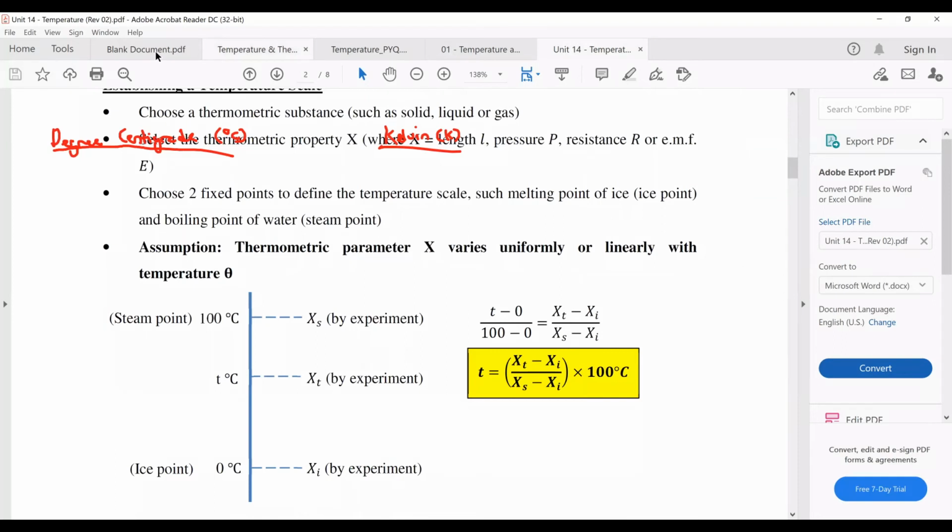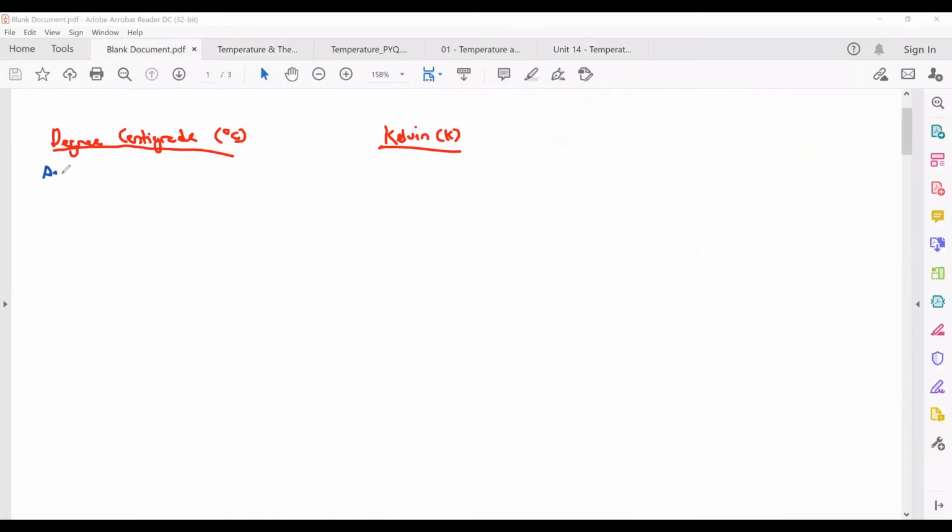The first thing that we mentioned was that for degree centigrade, it makes use of thermometric property.